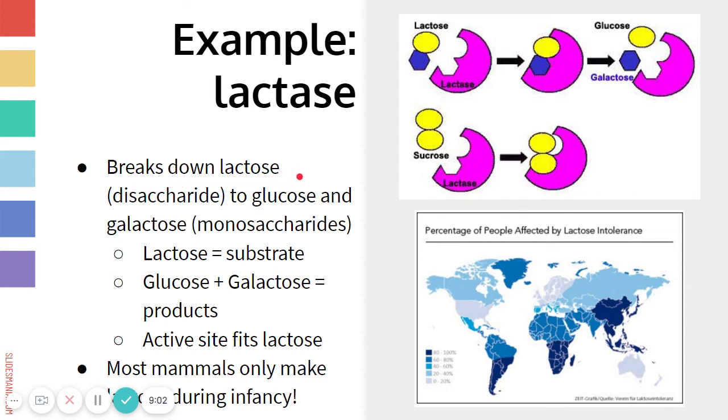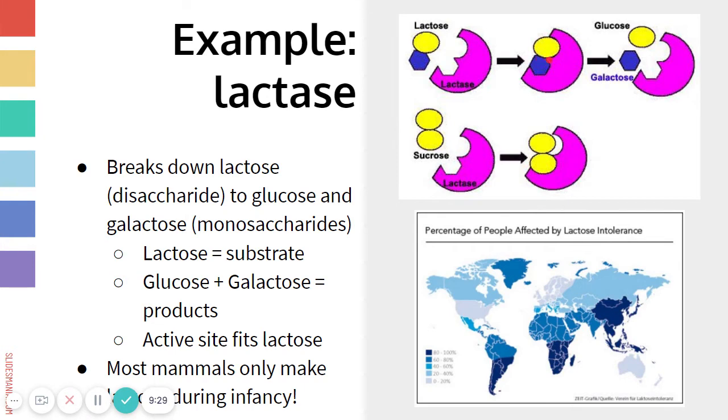And so this enzyme is going to be breaking down lactose, and you can see that right here, the enzyme lactase and this molecule lactose. Lactose is going to be the substrate because it's the starting piece that we're going to be fitting into the active site. So lactose is going to fit right into the lactase active site, and it's going to be broken up into its two component parts.